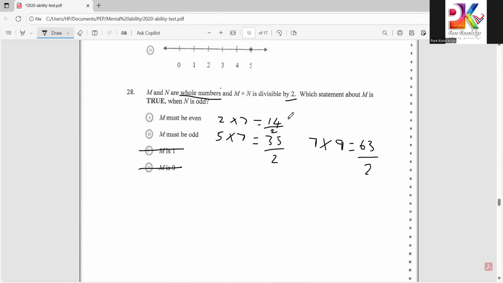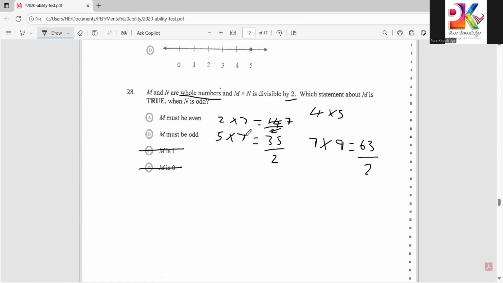No remainder. All right? Let's try another one. 4, which is an even number, times 5. Because remember, N has to be an odd number, because it says when N is odd.